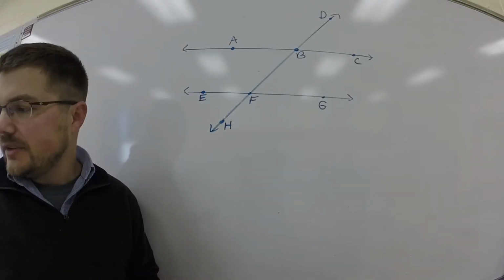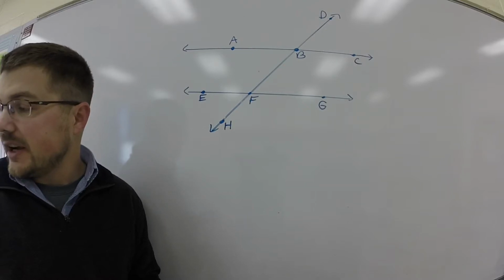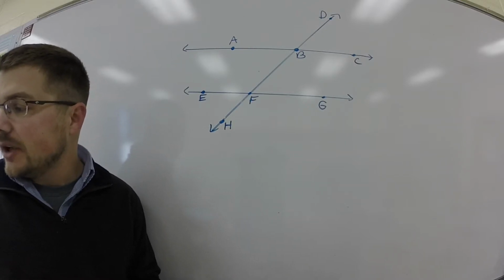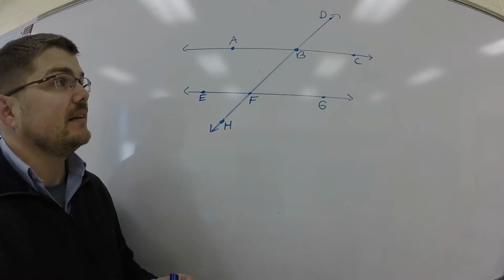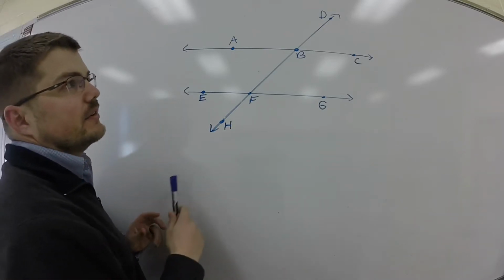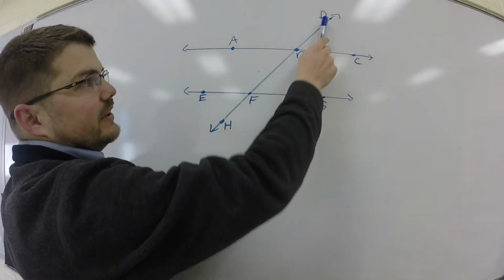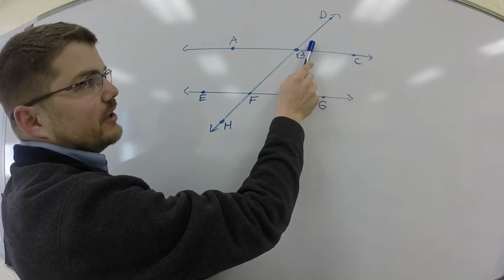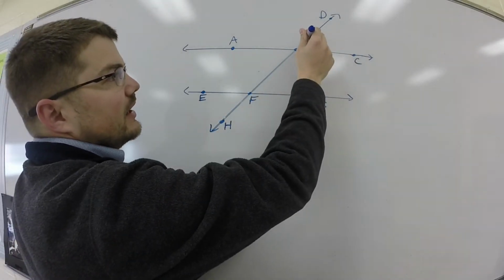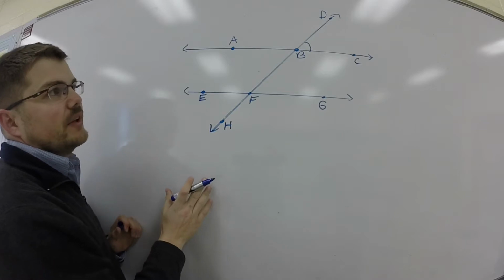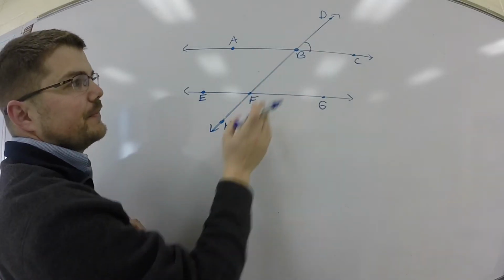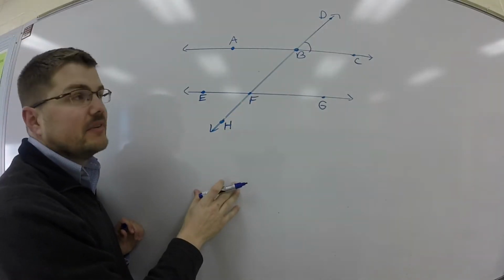Okay, so number one wants us to find the corresponding angle to angle DBC. Angle DBC is this angle here, and it wants us to find the angle that's corresponding to this angle. Corresponding just means same position.